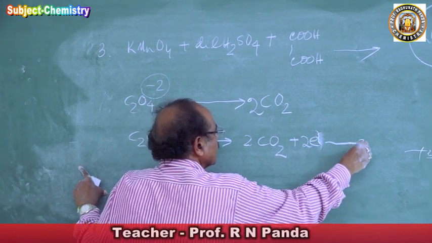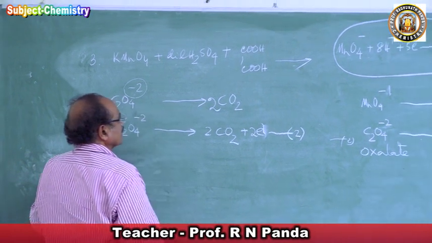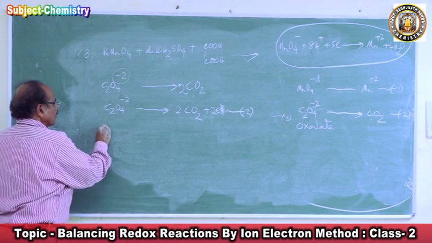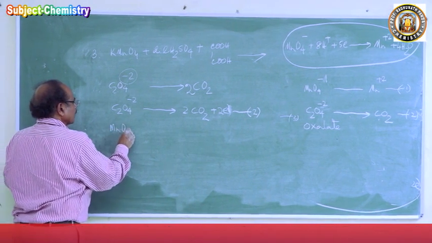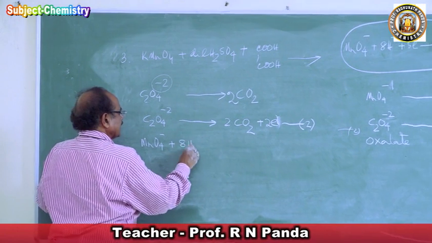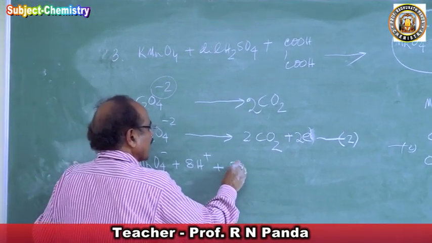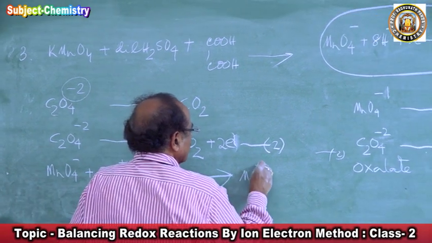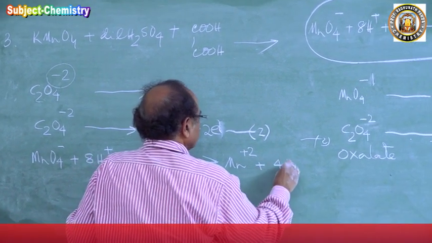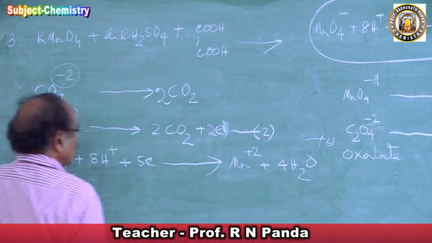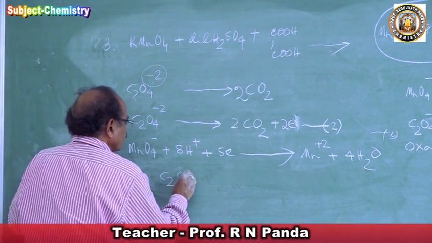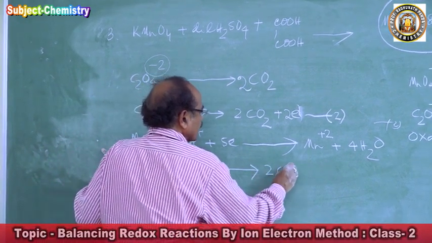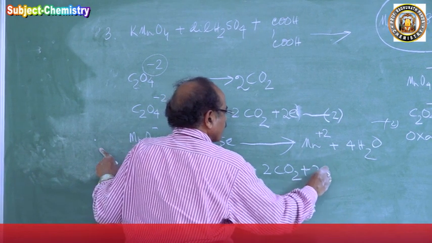So this is the equation for oxalate, and that's the equation for potassium permanganate: MnO4⁻ + 8H⁺ + 5e⁻ gives Mn²⁺ + 4 water, and oxalate C2O4²⁻ is forming 2CO2 plus 2 electrons.